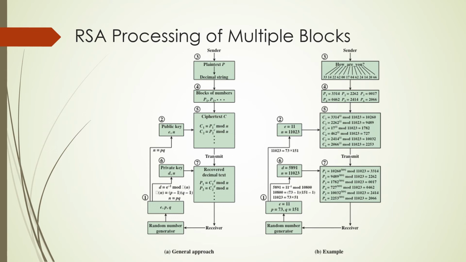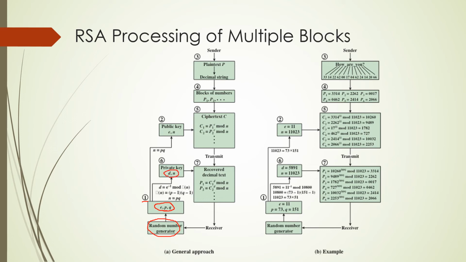The first step in the RSA is to use some random number generator algorithm to generate the values for E, P, and Q, where P and Q are two prime numbers, and E is basically the public key, or the first part of the public key. And then using E, P, and Q, we can calculate D and N.